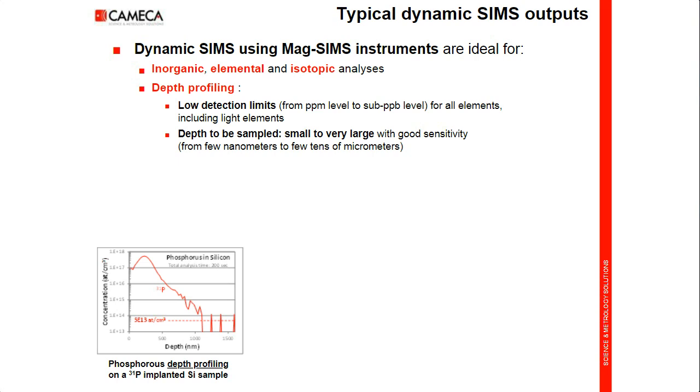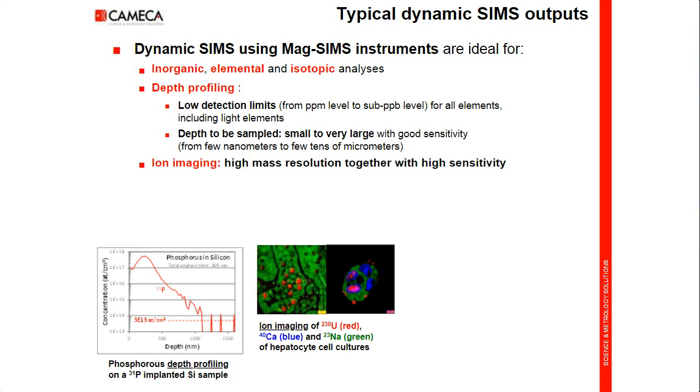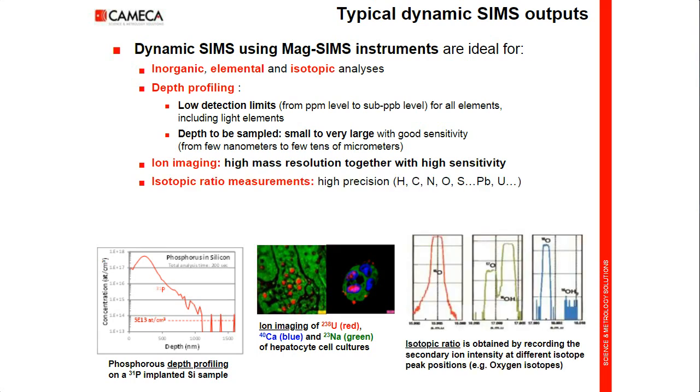It is also ideal for ion imaging analysis, when high mass resolution together with high sensitivity are required, and for high precision isotope ratio measurements. Analysis can be performed with high throughput and productivity. These capabilities have ensured its regular use in fields such as microelectronics, life sciences, and geology.